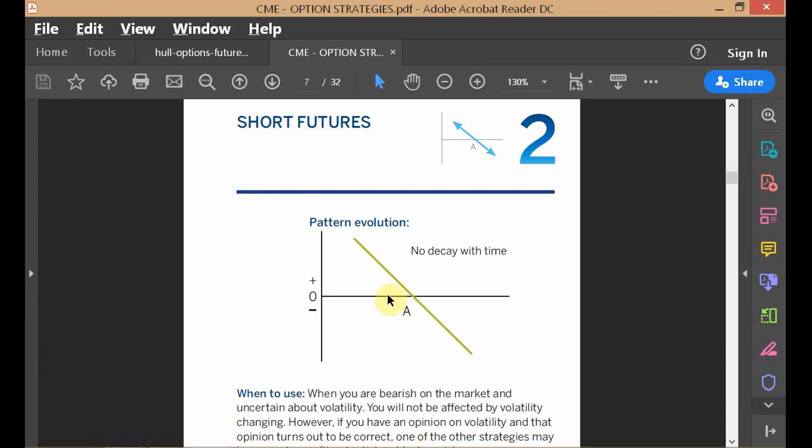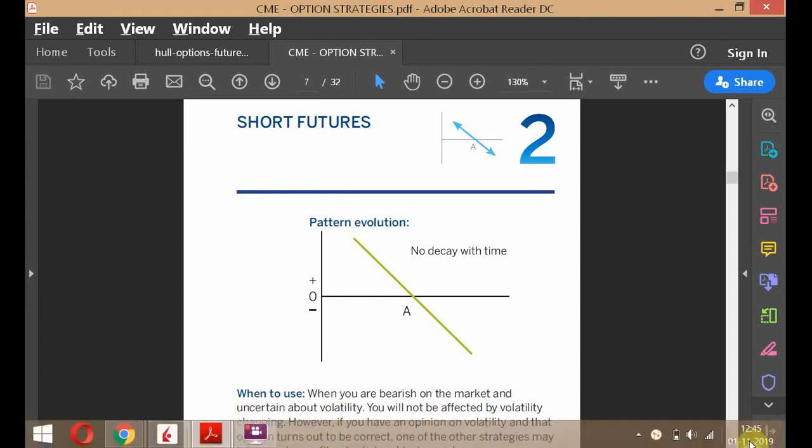That's consistent, because the put gives me the right to sell the underlying asset at the strike, and the more the market price falls below the strike, the more is my intrinsic value. The greater the intrinsic value, the greater the profit I can capture from exercise. So that's why this is consistent with a long put position. So the answer is correct. It is short call plus long put.